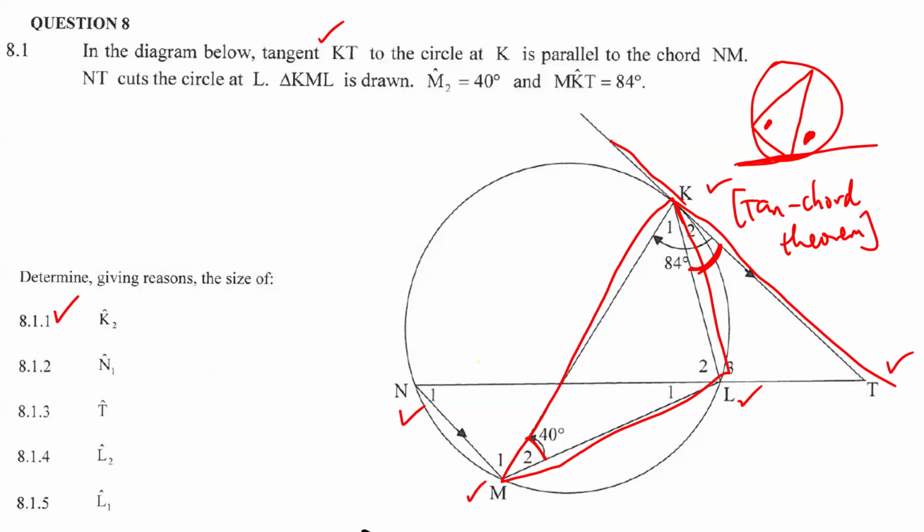In other words, we're able to see, therefore, that the angle K2 is equal to M2, and it's equal to 40 degrees, which is the tan chord theorem.